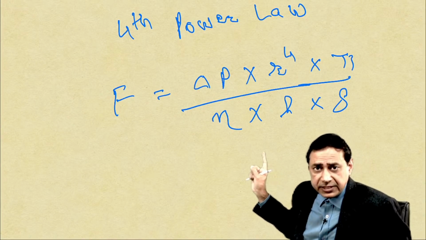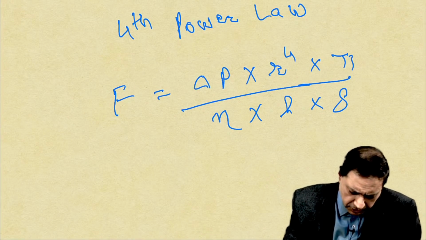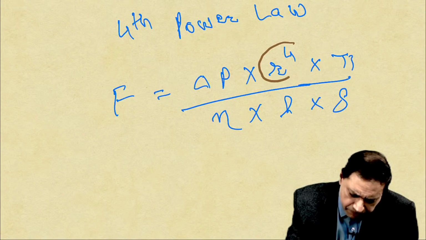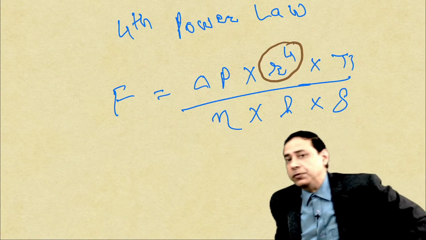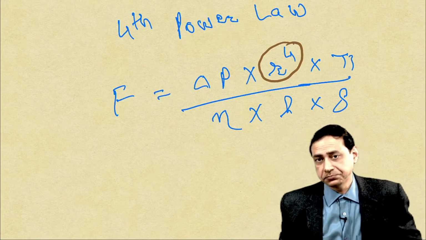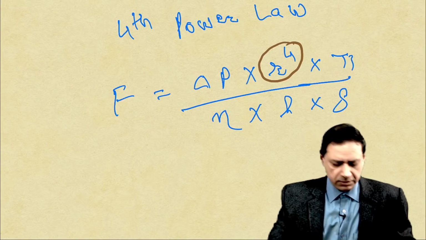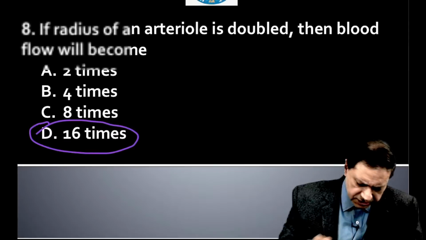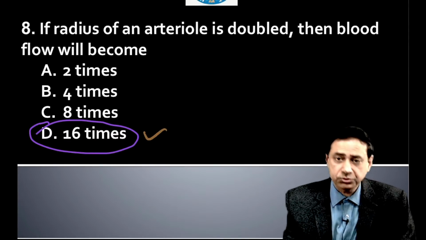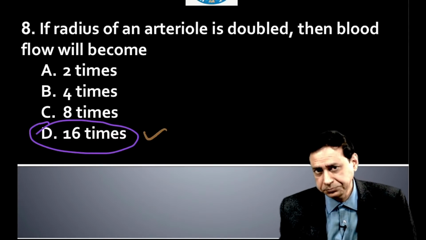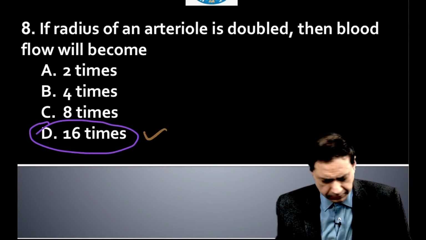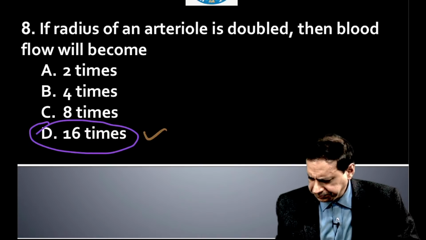This is Poiseuille's law, fourth power law. The main point here is R raised to the power 4. So if the radius becomes double, the flow will become 16 times. 2 into 2 into 2 into 2. Is that okay?